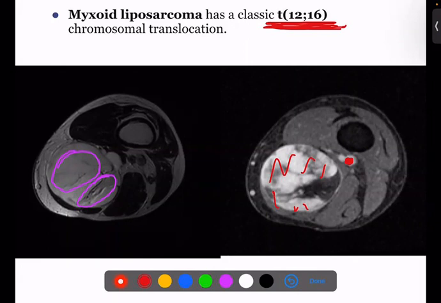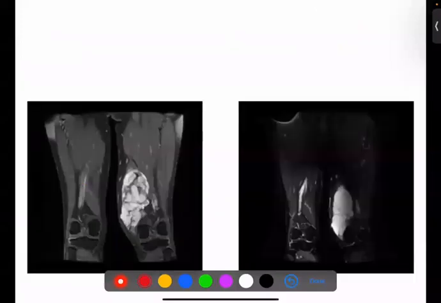For exam purposes, at your level, CT chest, abdomen, pelvis for myxoid liposarcomas. Even most institutions are trying to apply, for example, whole body MRI. Right.